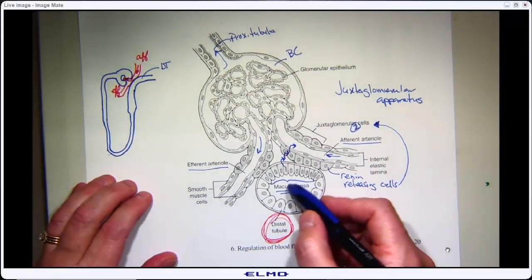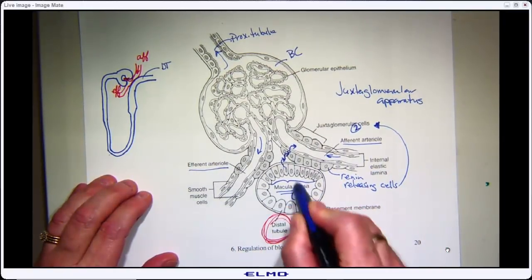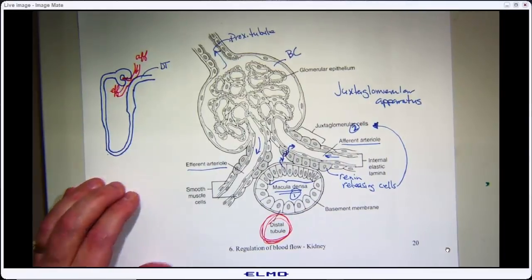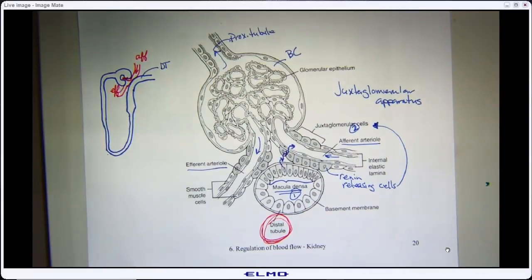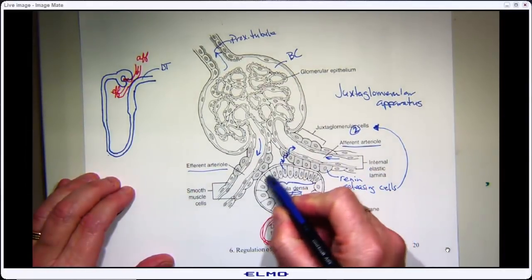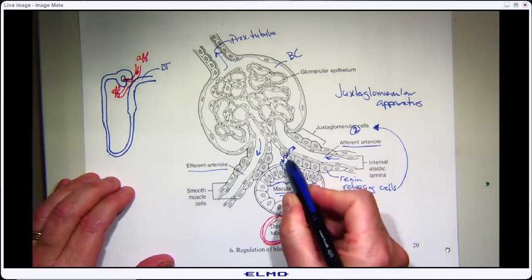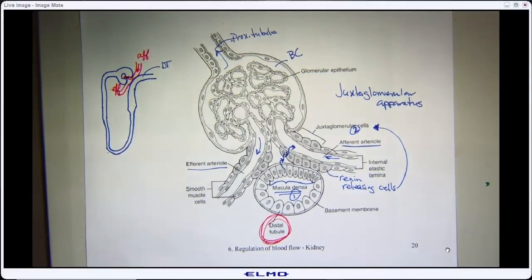So based on the sodium and chloride in the macula densa, these cells are going to respond to that, release products to then affect renin-releasing cells of the afferent arterioles to cause a change in renin.